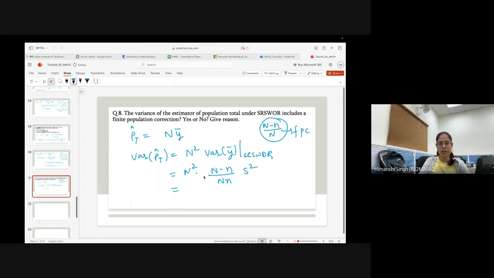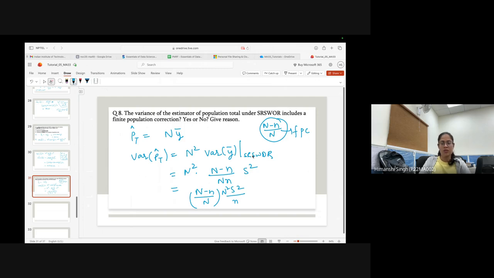So here you can see N minus n upon N is there, s square by n, and capital N square is there. So yes, we have the finite population correction for this also.